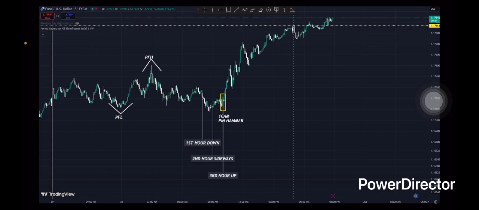We know that the smart money strategy is buy low, sell high, right? That's what we're trying to do. We're trying to buy low and sell high. In order for that to happen, smart money needs someone to take the opposite side of their trade.